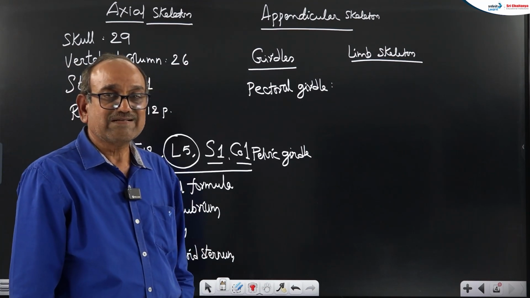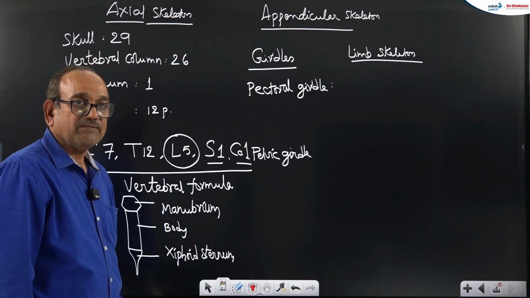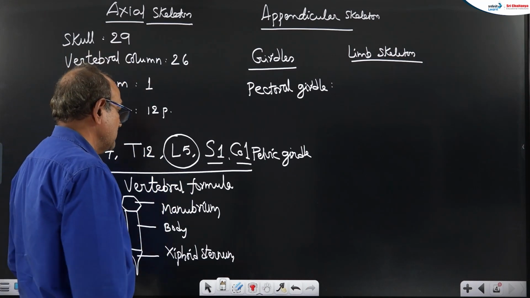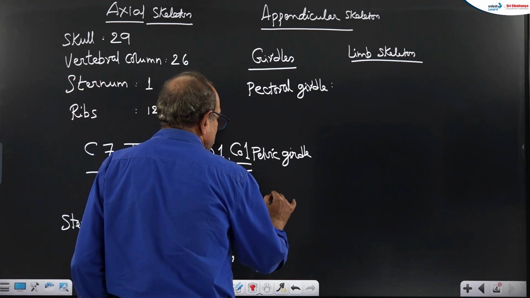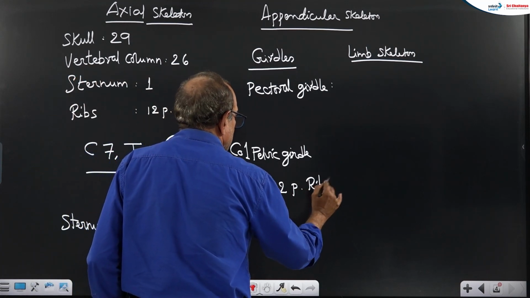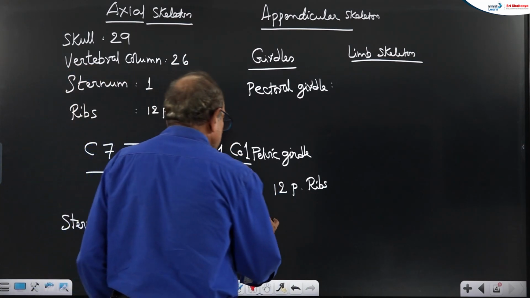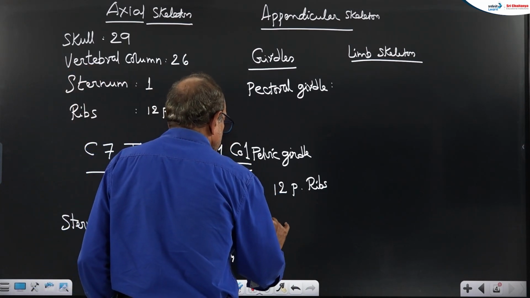There are 12 pairs of ribs. They extend from the vertebral column to the sternum, forming the rib cage. Of these 12 pairs, the first 7 pairs are the true ribs.